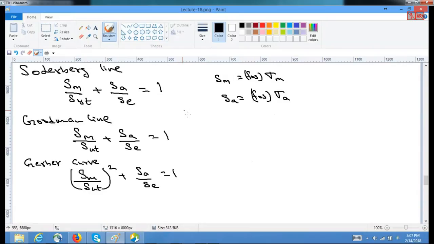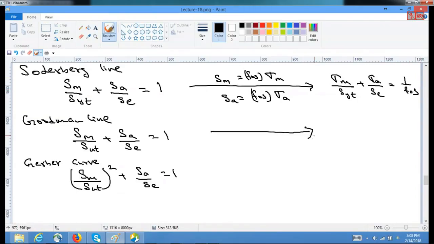So one can easily write this again based on this definition as sigma m by Syt plus sigma a by Se equals 1 by factor of safety. Similarly, this can be written as sigma m divided by Sut plus sigma a divided by Se equals 1 by factor of safety.